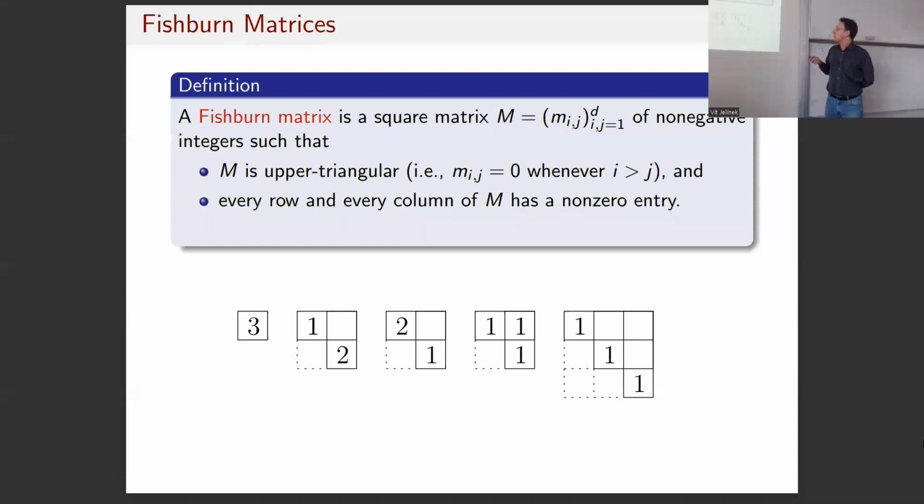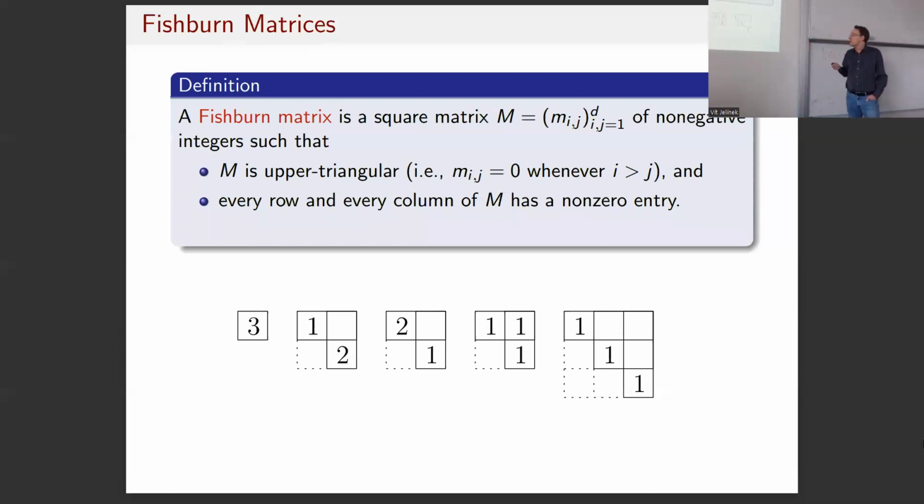And the first such family of related objects has been introduced by Fishburn already, and those are the so-called Fishburn matrices. A Fishburn matrix is a square matrix of non-negative integers, which is upper triangular, and every row and every column has a non-zero entry.